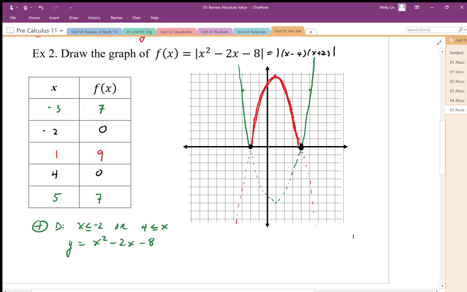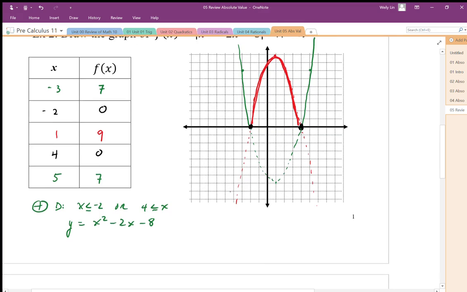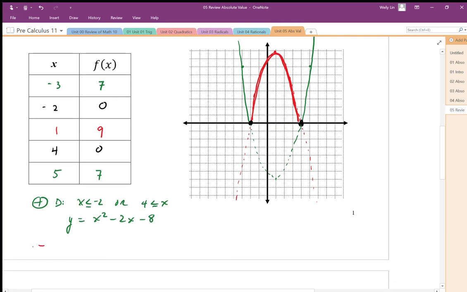Then the negative version of that parabola, where we end up flipping it, has a domain in between negative 2 and positive 4, and the function is y equals negative x squared plus 2x plus 8, an upside down parabola. So there's our piecewise function.